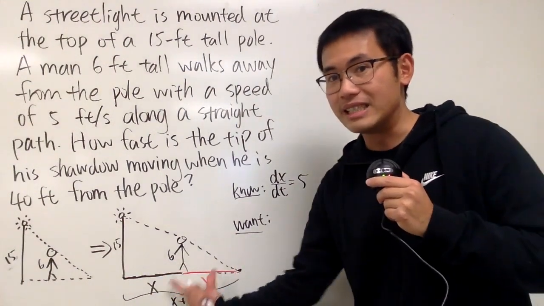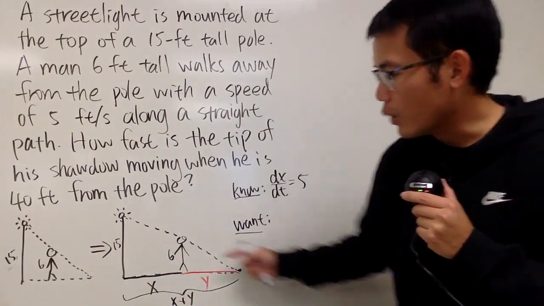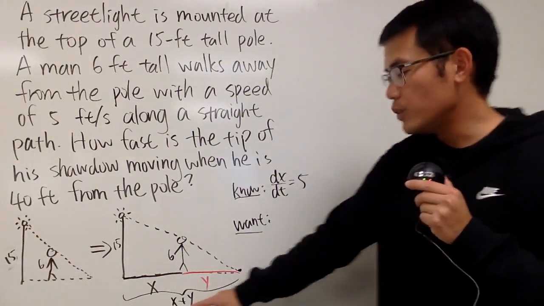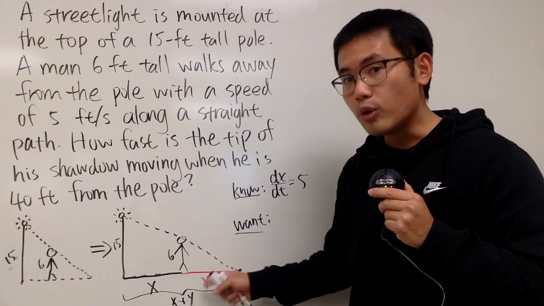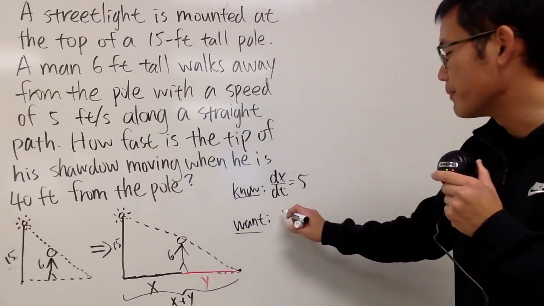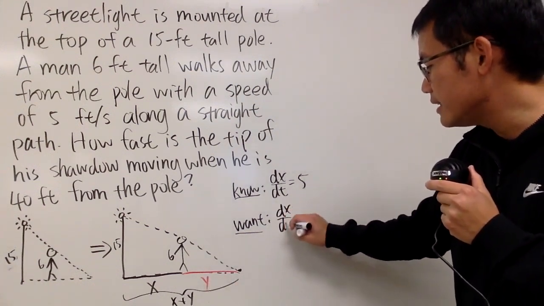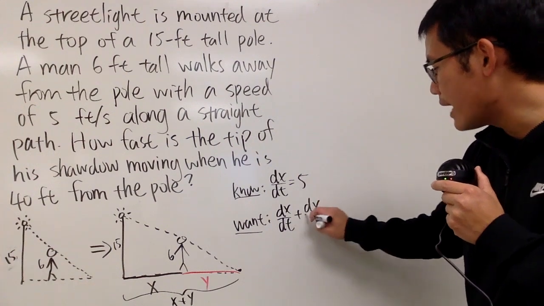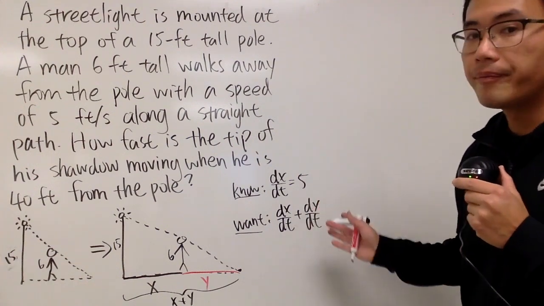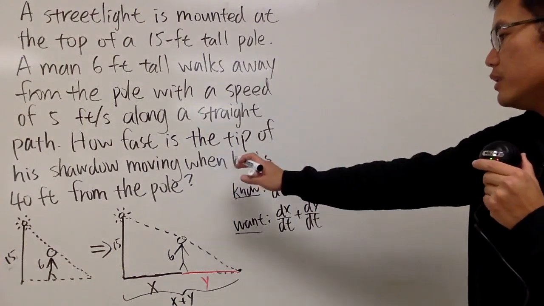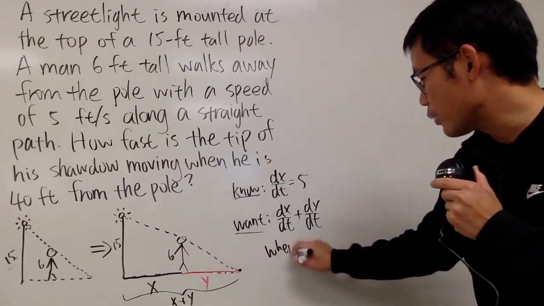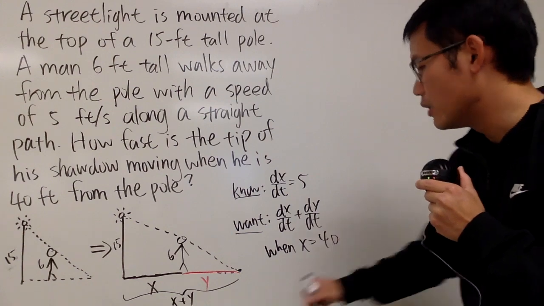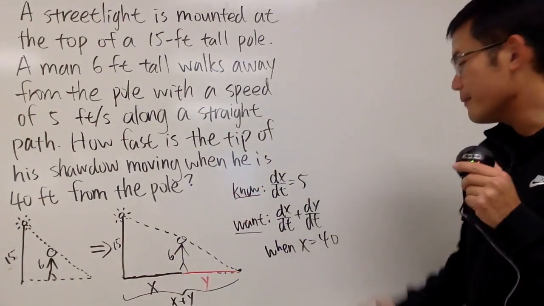How fast is this moving away from the pole? So technically, we need to find out how fast x is changing, and also how fast y is changing, and add them up. So we need to know dx/dt plus dy/dt. And it says we need to know when he is 40 feet away from the pole, so I will just say when x is equal to 40.